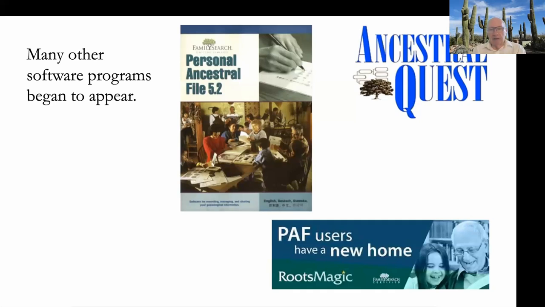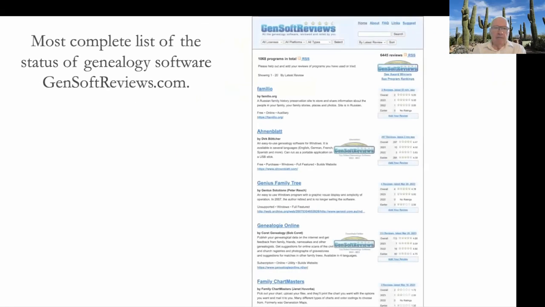Without mentioning a whole long list of names, you can go look for desktop genealogy programs and find a long list. And I'll show you where you can get the complete list in just a second. But Personal Ancestral File disappeared quite a few years ago, and we'll get to that and discuss that a little bit.